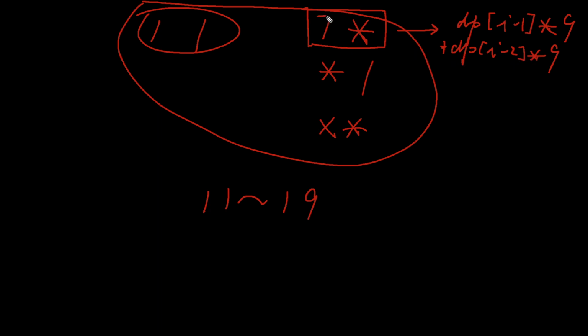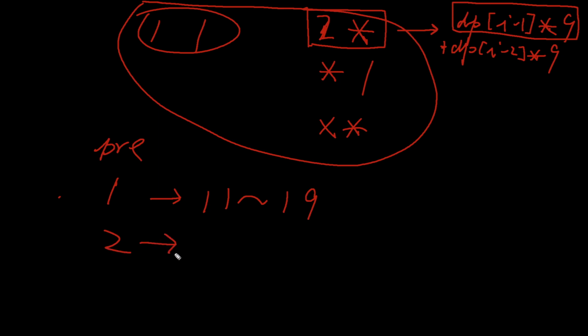But if this one is 2, what do we have? First, this one is always valid. Depending on what the previous digit is, the second part could be different. If the previous one is 1, we have this. If the previous one is 2, we can only have 21 to 26, which means we have dp of i minus 2 times 6.